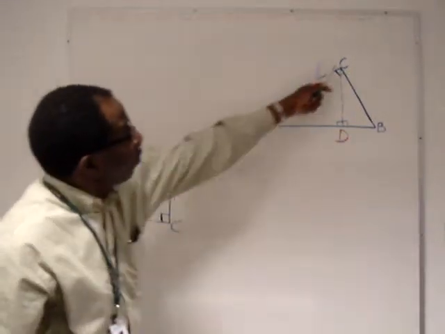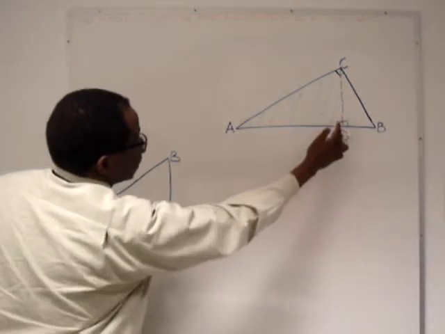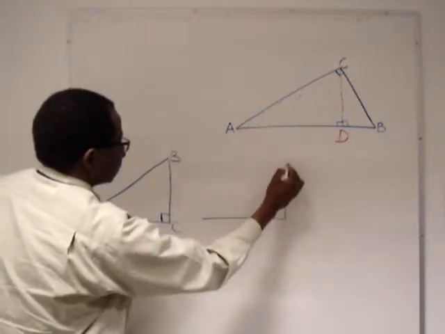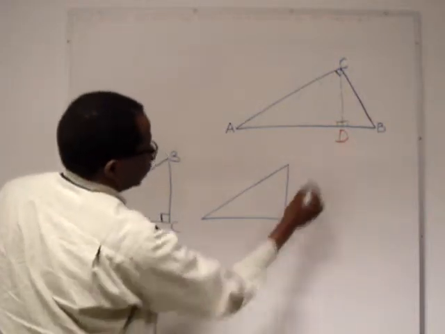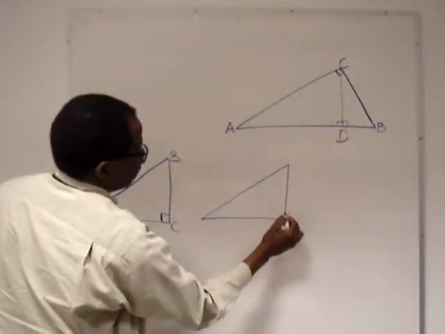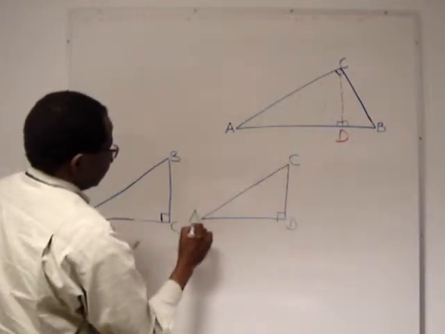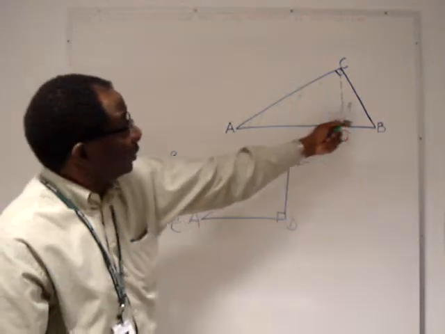You see, that one is already well oriented, so we just copy it down here because its right angle is already here. So it's like that. And we don't need to do too much. That's D right here, the right angle, C, and A. So that one was already oriented the way we want it.